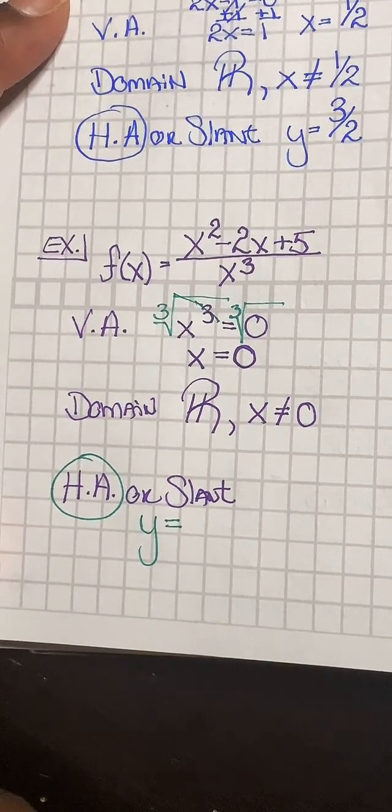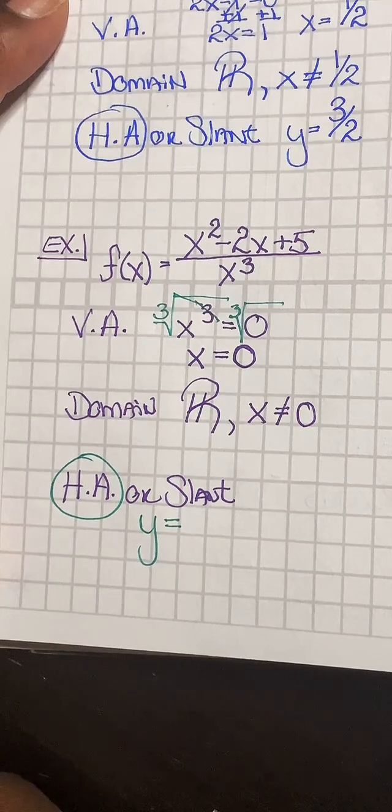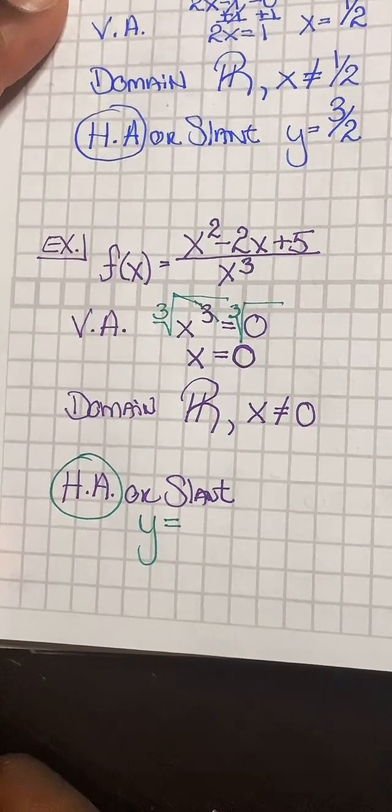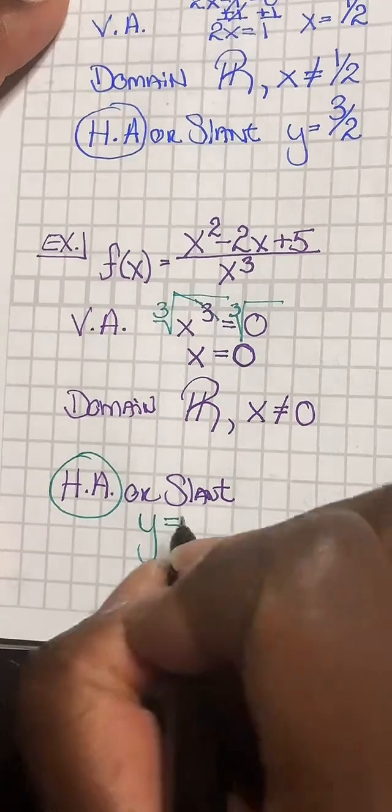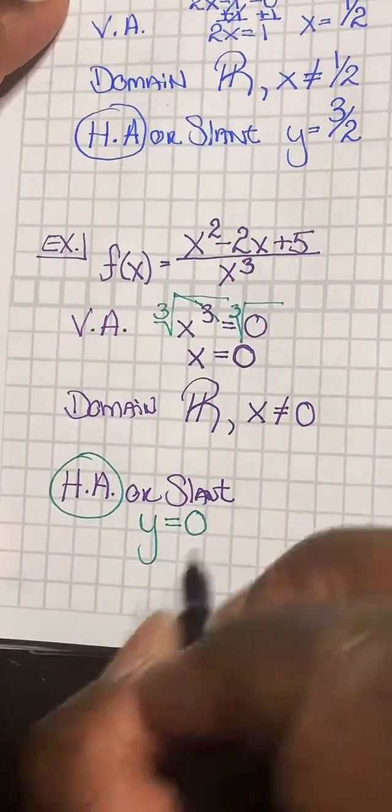For a horizontal asymptote, y would equal what each and every time? Yes, y equals 0.